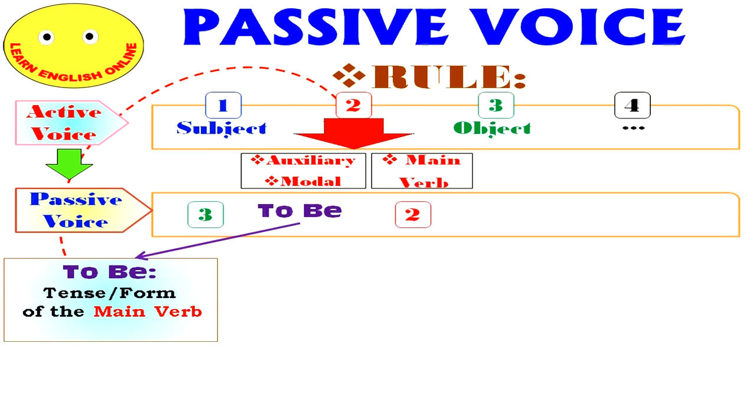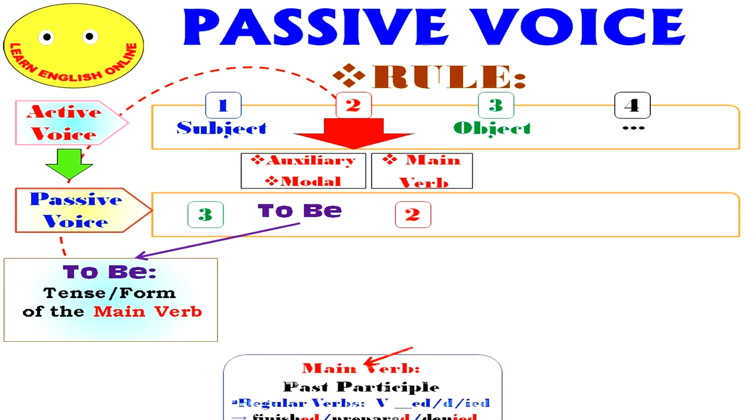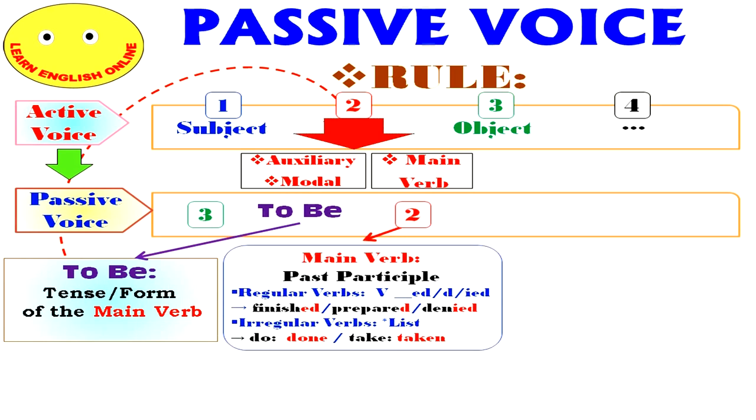Next is part number 2, and here we take just the element of the verb or the main verb and not the auxiliary or the modal. Okay? The main verb, according to the rule of the passive voice, must be in the past participle.